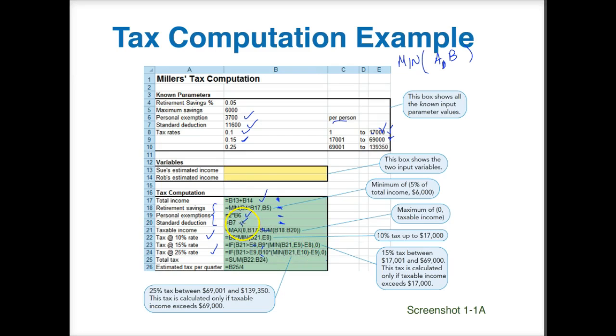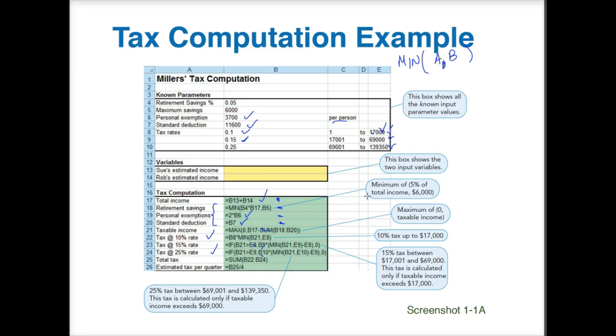Where, of course, B21 again is the taxable income, and E10 is going to be the top of the 25% tax bracket. So we want the smallest number out of that and subtract from that the first $69,000, so that you only pay the 25% tax on the upper part of your income.